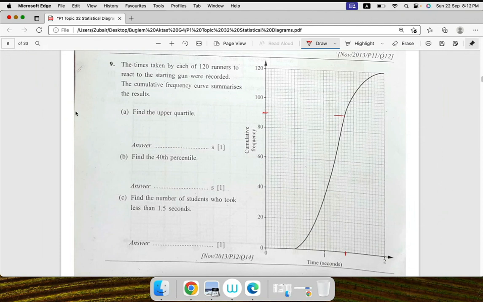This is 1.35. See, these are 20 boxes. So 1 divided by 20 is the value of one box. That is 0.05. And we have 7 boxes after 1. So this is 1 plus 7 times 0.05, which gives you 1 plus 0.35, 1.35. Okay.